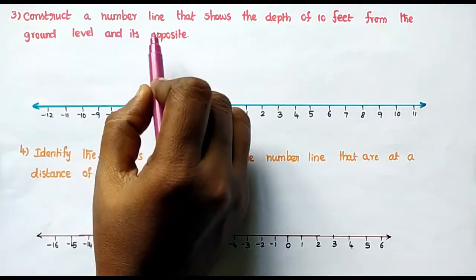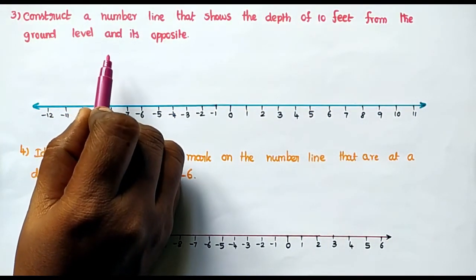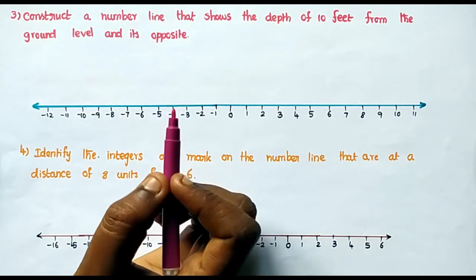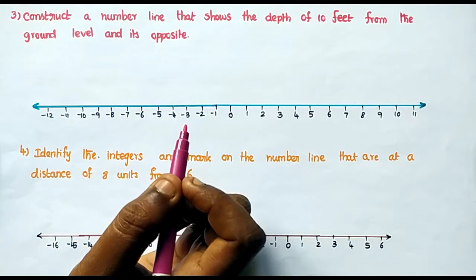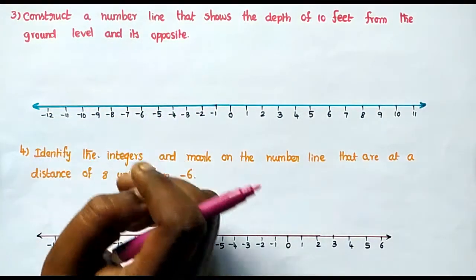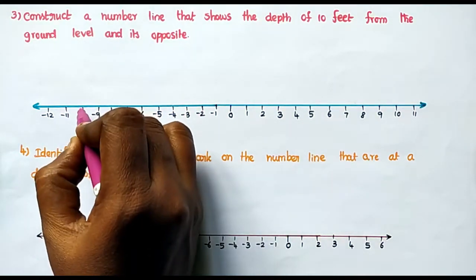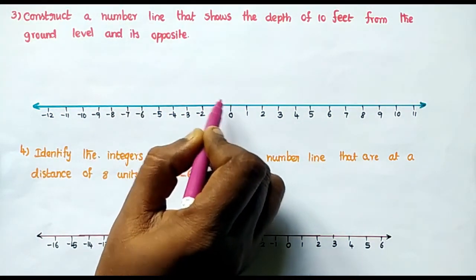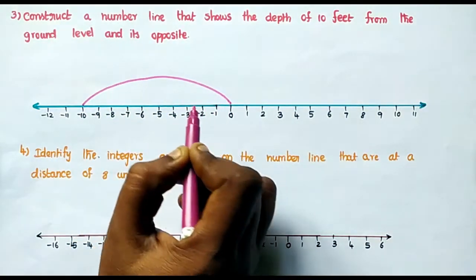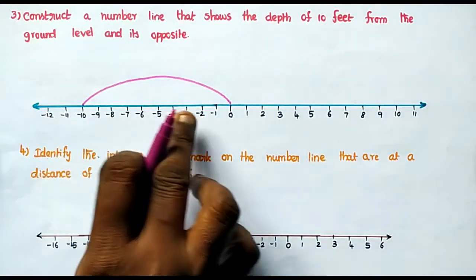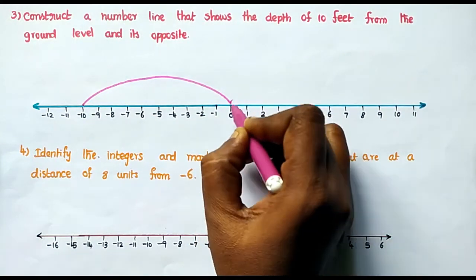Third sum, construct a number line that shows the depth of 10 feet from the ground level and its opposite. From the ground level, 10 feet and its opposite. So 10 feet from the ground level means this one. And its opposite. So 10 feet opposite means that is above ground level, positive.